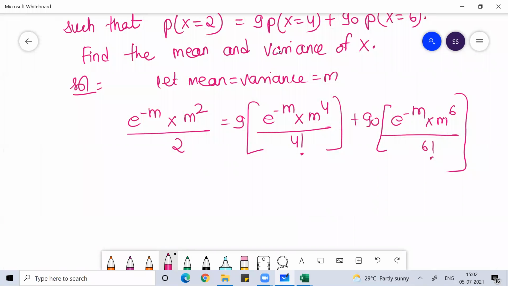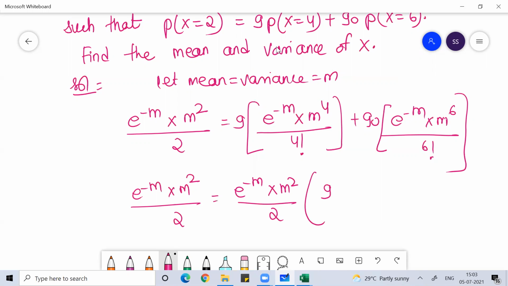Here, what I can do is take e to the power minus m into m square divided by 2 common. In the bracket I am left with 9 m square. 4 factorial is 24, 24 divided by 2 is 12, plus 90 into m to the power 4. 6 factorial is 720, 720 divided by 2 is 360.